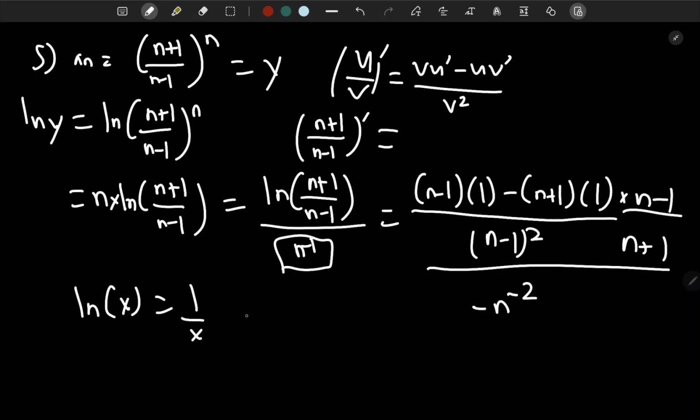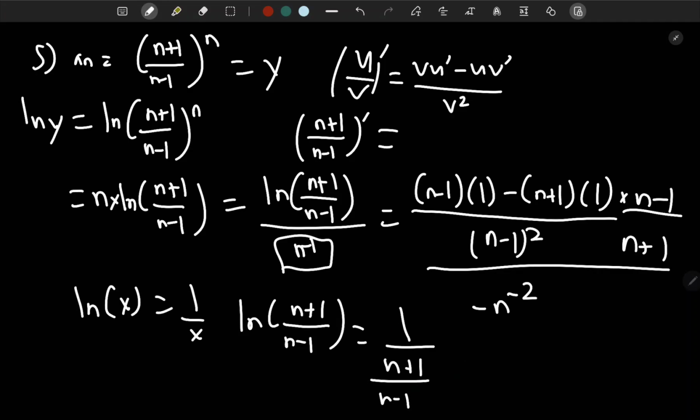So it's going to be 1 over n plus 1 over n minus 1, which is equal to n minus 1 over n plus 1, basically. And that's exactly what we did over here. That's why I directly flipped it. So that's how we got that.